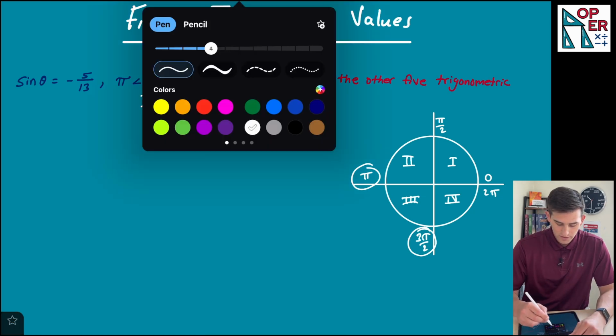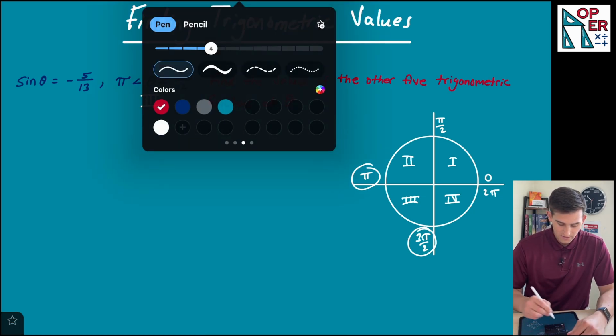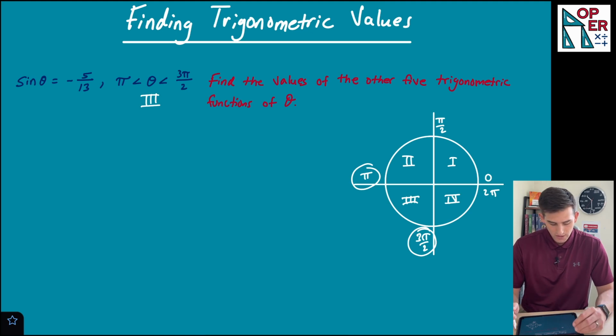Now if we want to draw in our triangle, sine of theta would be -5/13. We know sine is opposite over hypotenuse. So if I draw the terminal side of my angle and add in my vertical distance, with theta in here, my opposite would be 5 and my hypotenuse would be 13.